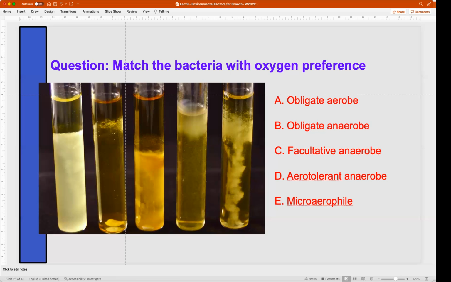It could be the first one, maybe. I think obligate aerobe is the second to last one. That's the fourth one. Second. Oh, the second one, you'll see, has a very, very thin line just below the surface. So that's the micro, that's E. Is that what you're saying?